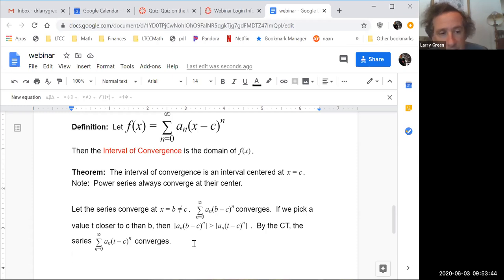There's another definition. If you have an interval with a center c, then we can think about the distance from c to the end of the interval.